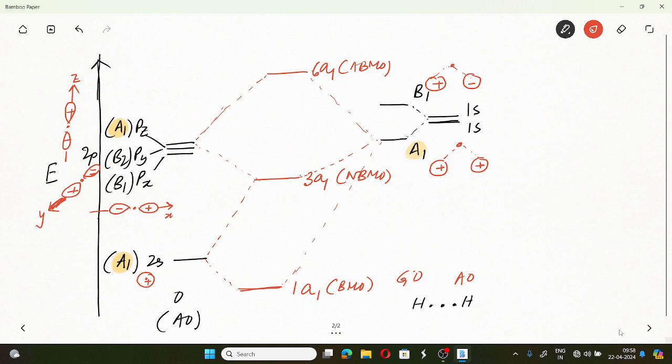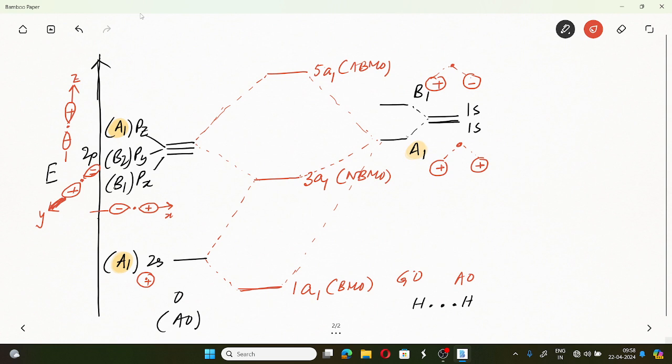Now you can name them, the naming of these orbitals, you can name them as you wish. No problem. I am naming it like this. There is some reason for that, you'll understand.